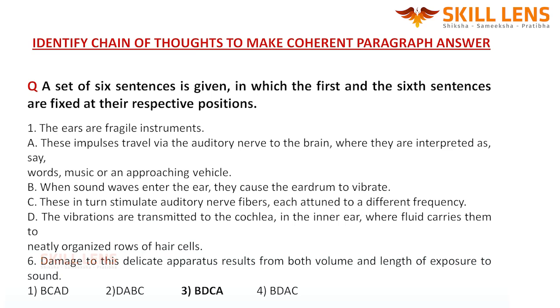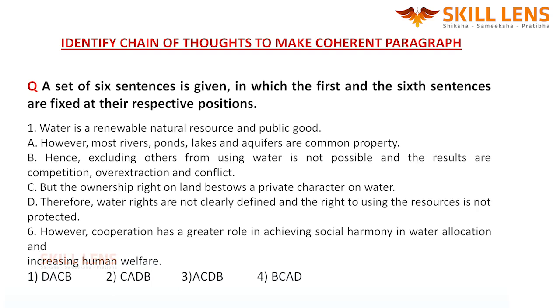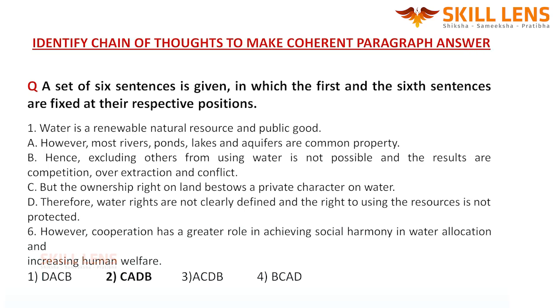We'll take into consideration another paragraph here as an example. This is a rooted jumble where sentence 1 and sentence 6 are already in a set position. They're fixed in their place. Kindly pause your video to arrive at an answer on your own. The answer for this question is 2.